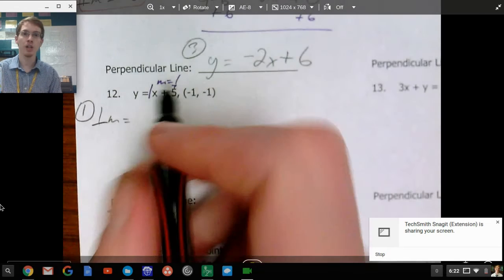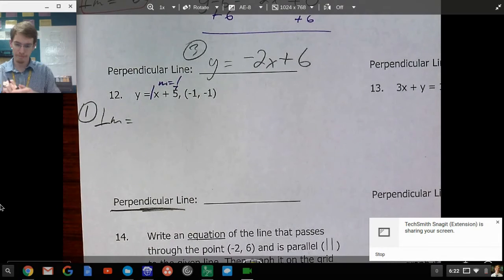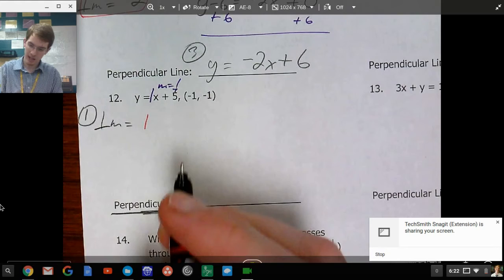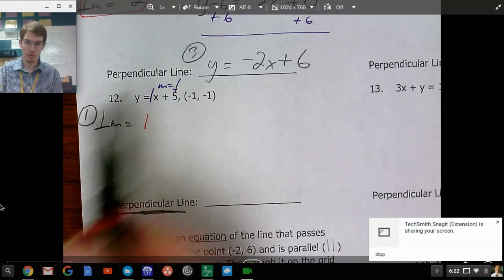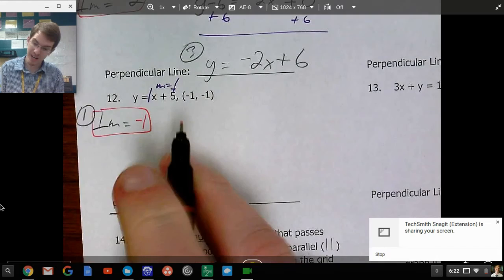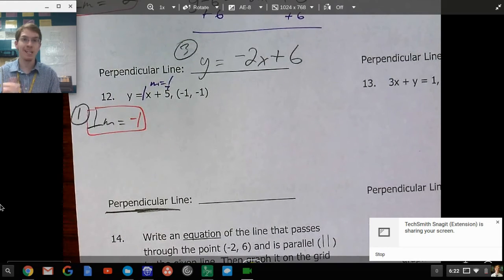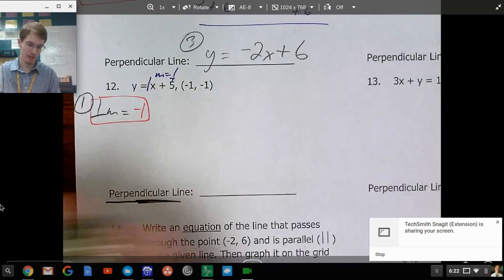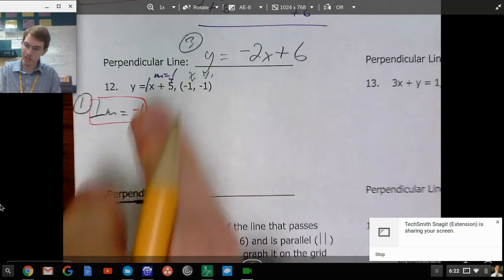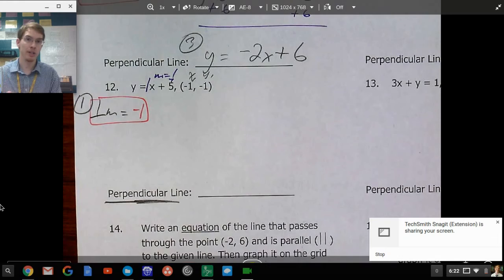The reciprocal of 1 over 1 is just 1 over 1, or just 1. And the opposite, from positive 1 to negative 1. Here's the slope. Now, at this point, forget about that line totally. Focus on the point, because we don't actually need anything else from that. We have the slope. That's all we need from that.